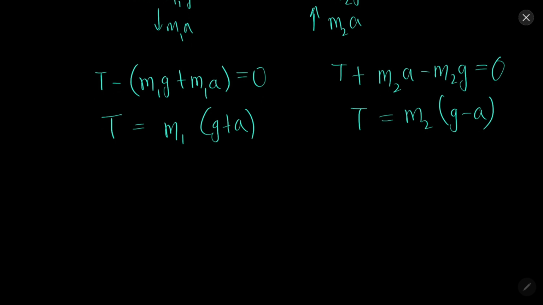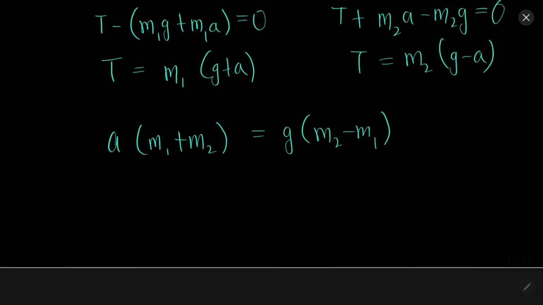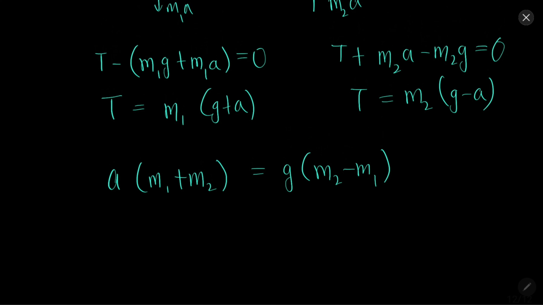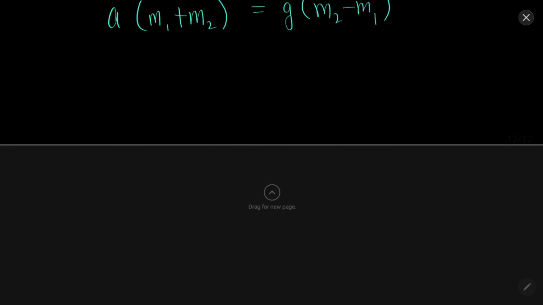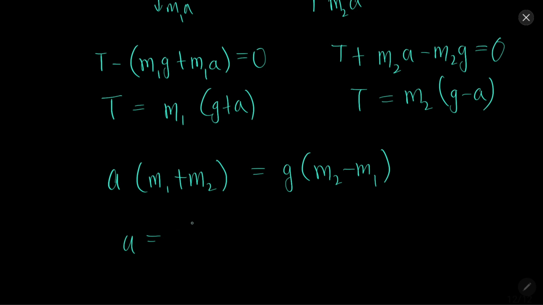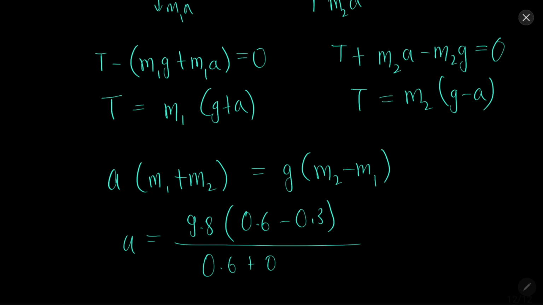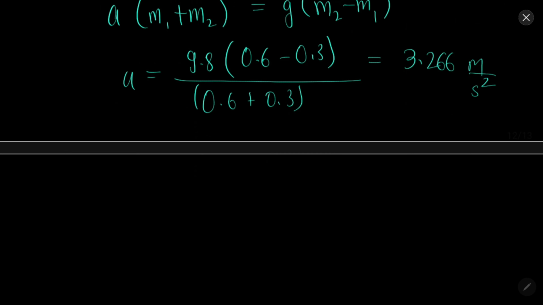By these two equations you can find that a times m1 plus m2 equal to g times m2 minus m1. So the acceleration a will be 9.8 times 0.6 minus 0.3 over 0.6 plus 0.3. It will give 3.266 meter per second square.